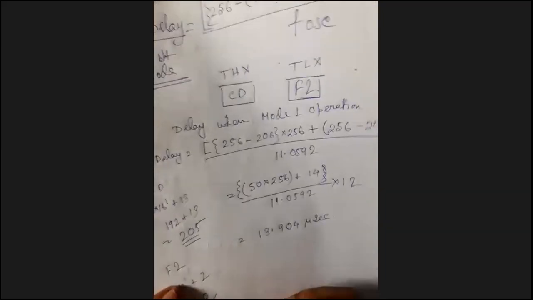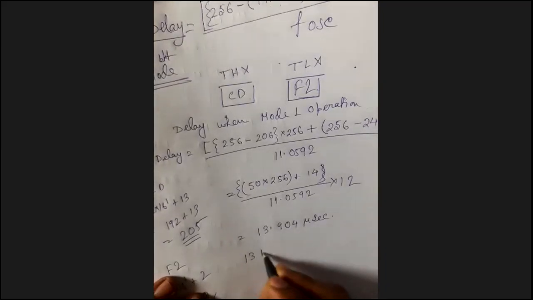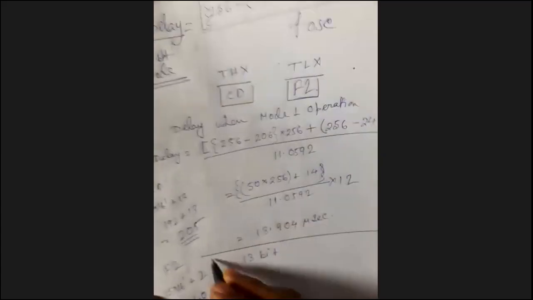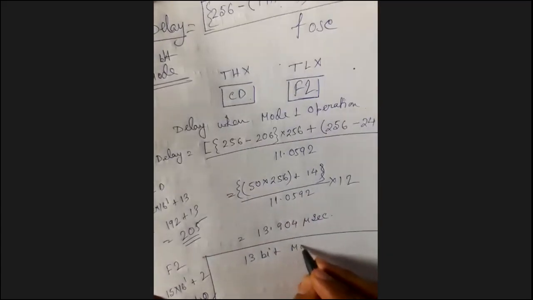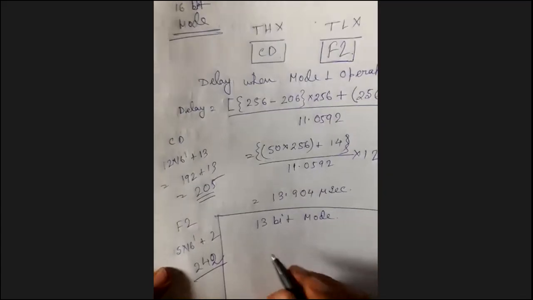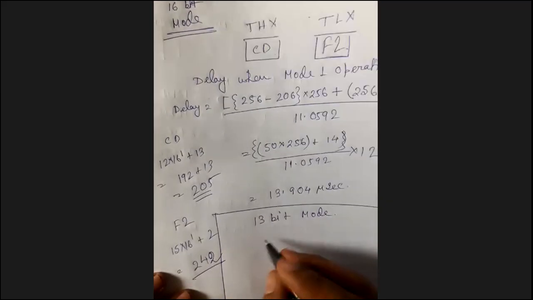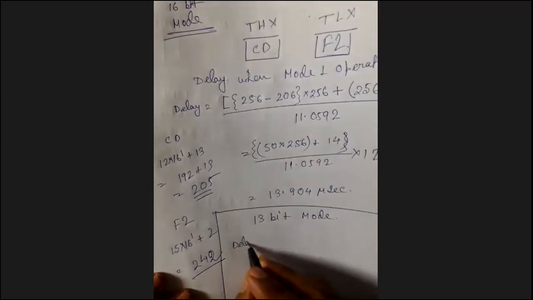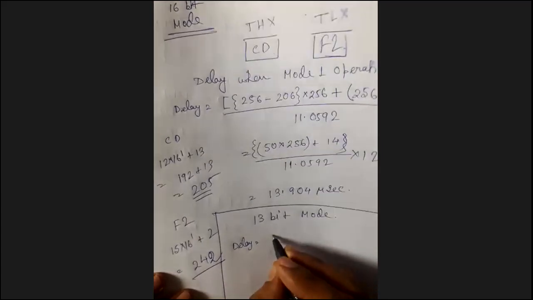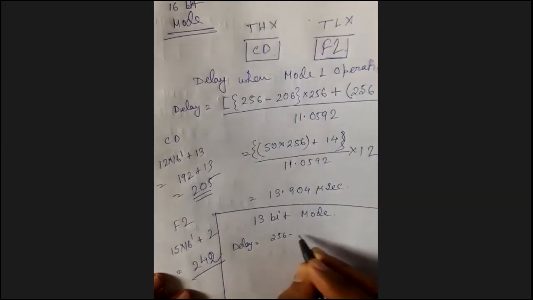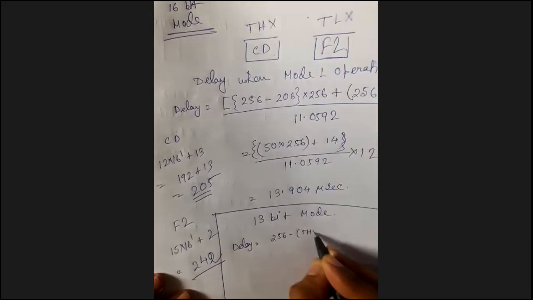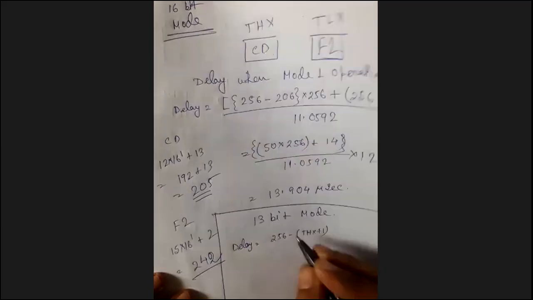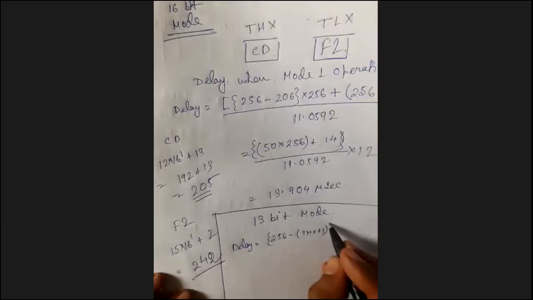And for the 13-bit mode, the formula will be like delay equals 256 minus THX plus 1, the same as before.